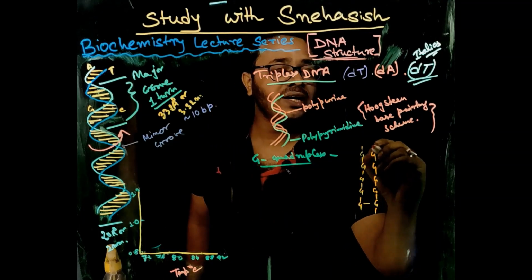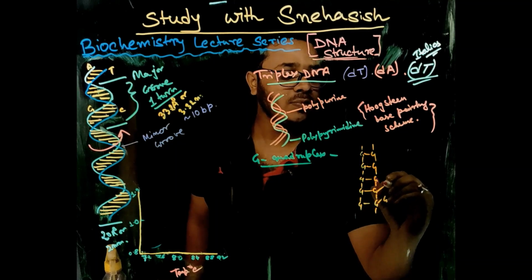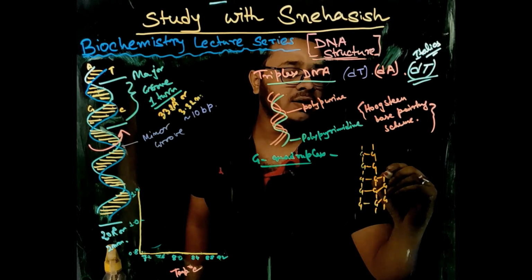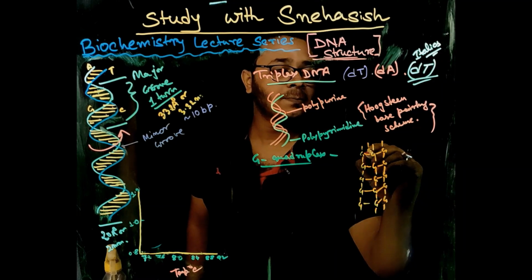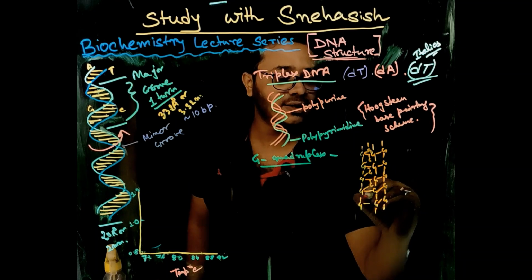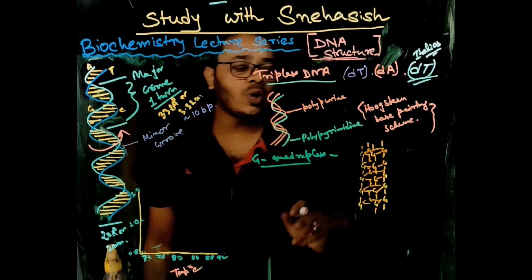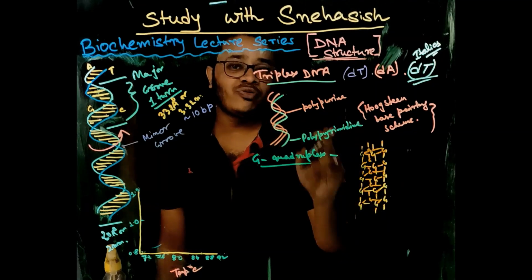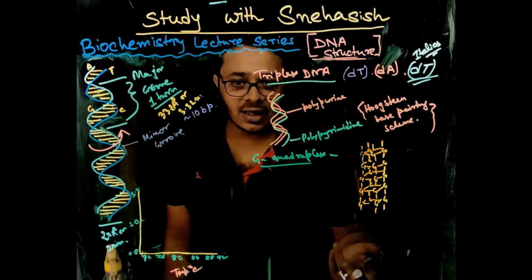This 4-stranded DNA is rich in guanine and looks like a cube. Okay, looks like this. So this is the structure of a G quadruplex. It is a DNA which has 4 strands which are rich in guanine. It can be parallel or antiparallel.